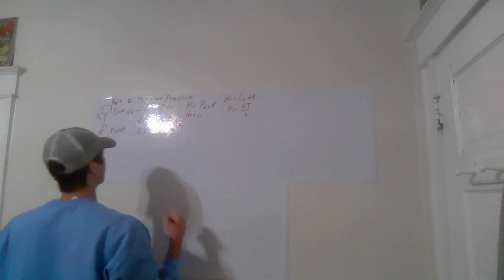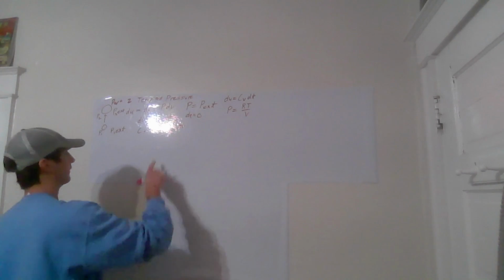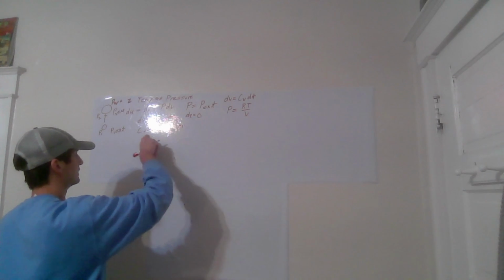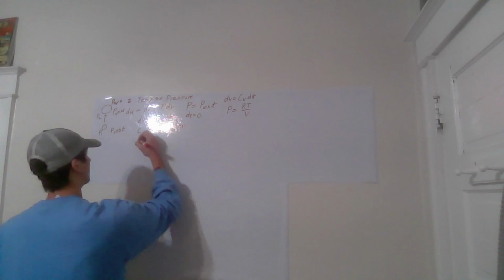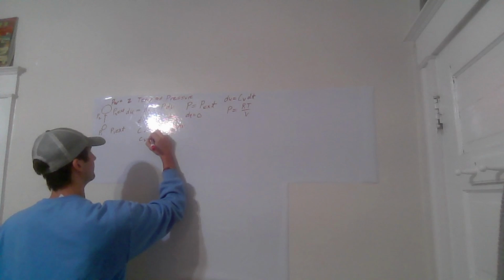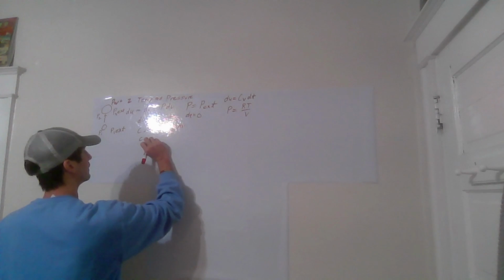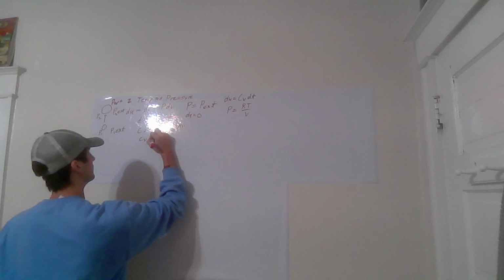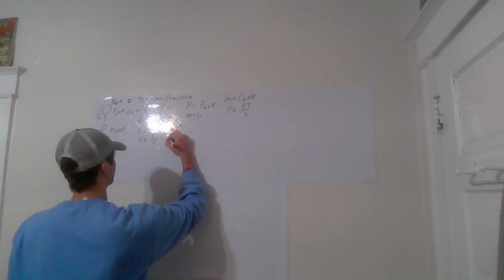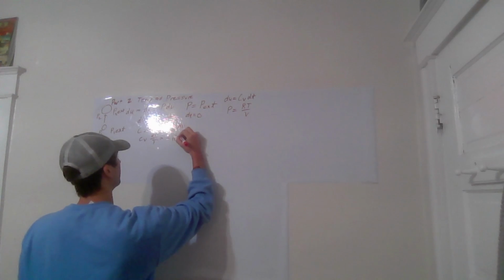our change in V. And to solve this, we need to solve it like a differential equation and get T over to this side. So that's going to be CV, or specific heat, times dT over T equal to negative R times our dV over V. And what we can do now is integrate.